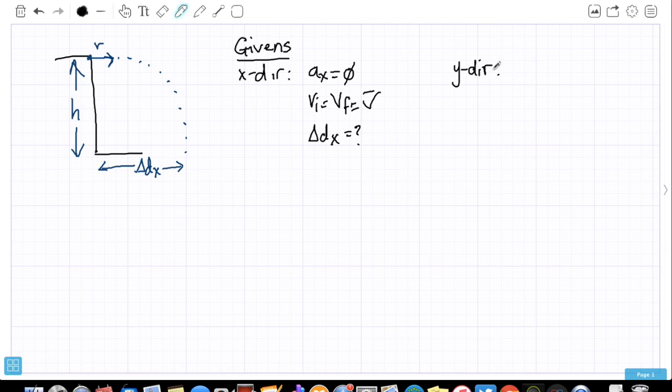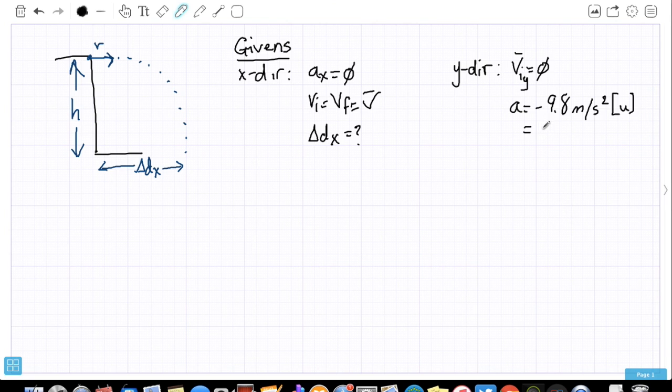And in the y direction, we know a little bit more. We know, for instance, that the vertical velocity initially is 0, because it's not moving initially with any velocity in the downward direction. So that's v_iy. We know the acceleration is due to gravity, so it's negative 9.8 meters per second squared. And in fact, we'll keep not using any numbers.